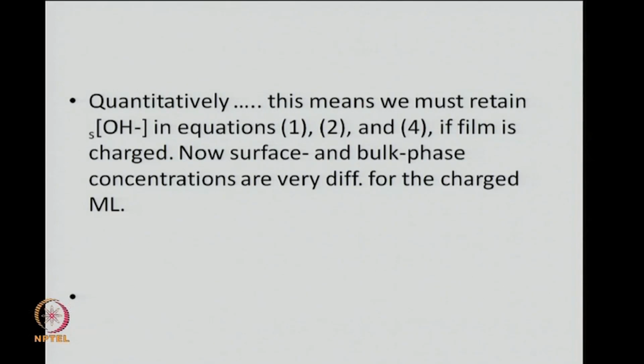Now, the surface and bulk phase concentrations are very different for charged monolayers. So, it is important to understand the circumstances that we are addressing while we attempt to explain the actual experimental scenario with the help of equations. Every assumption has to be carefully weighed before we take the analysis further.